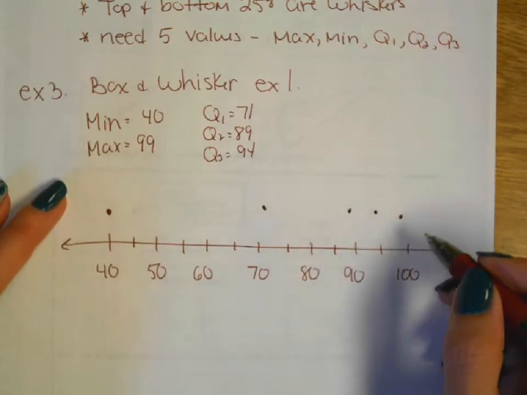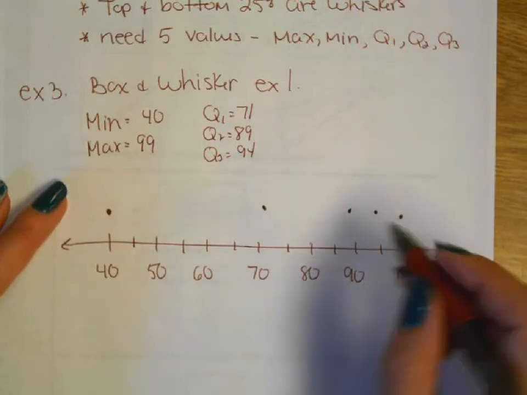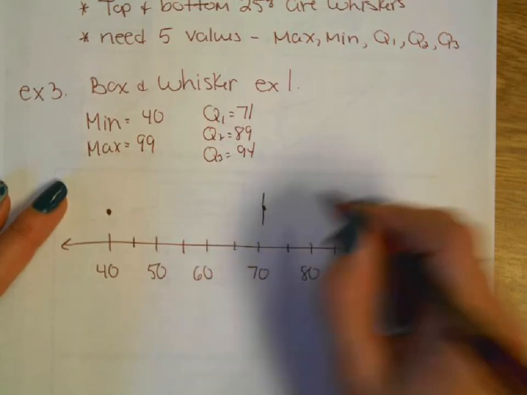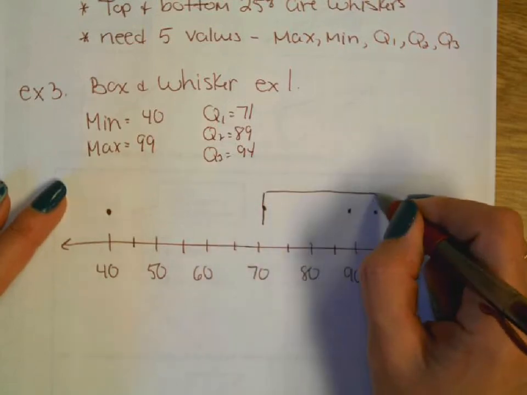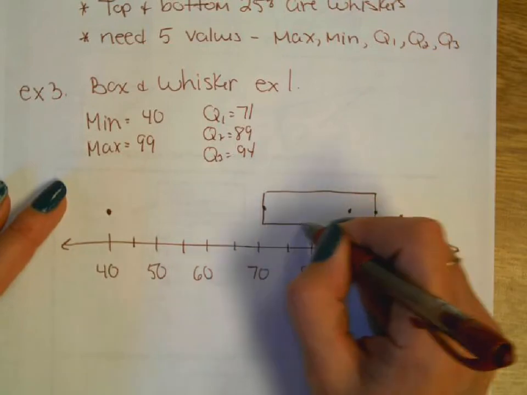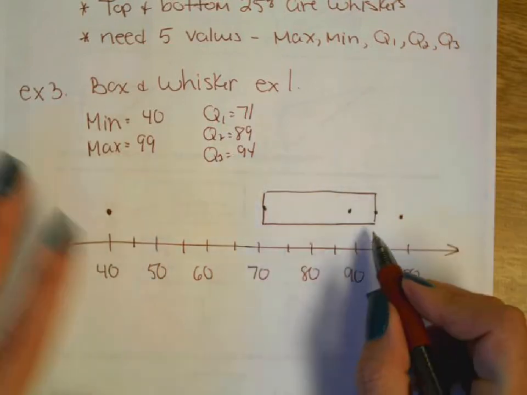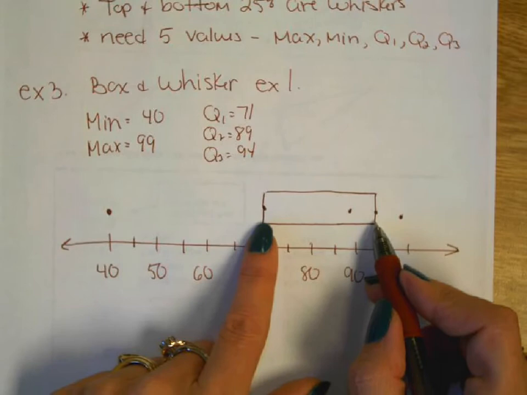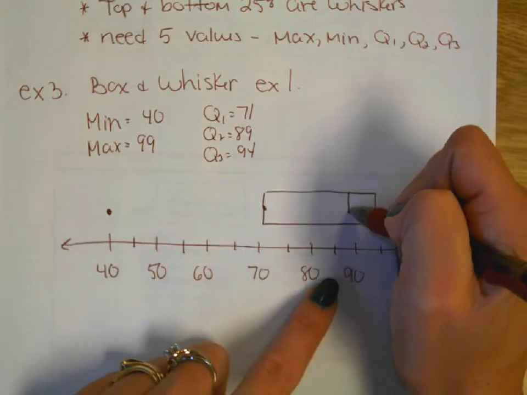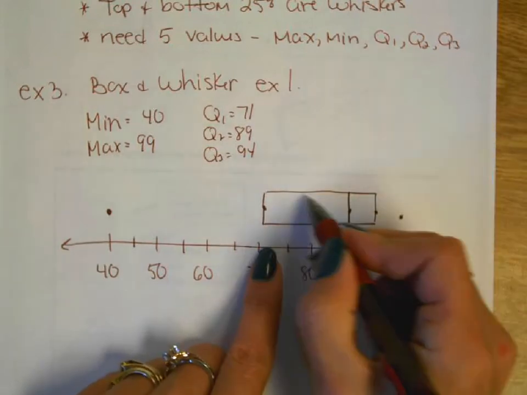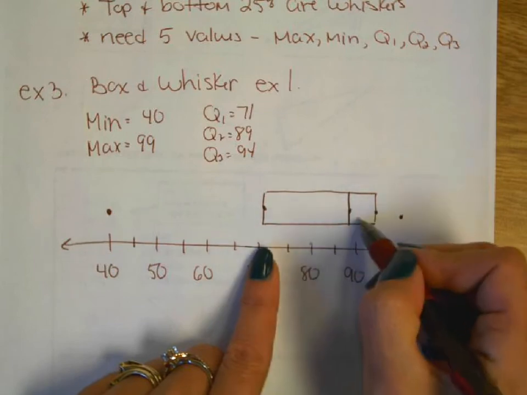Okay, remember the middle 50% are the box, so that's from quartile 1 to quartile 3. So what that's showing is 50% of your data values are in here. We do mark quartile 2 with a bar, so there were as many test scores here as there are in here.